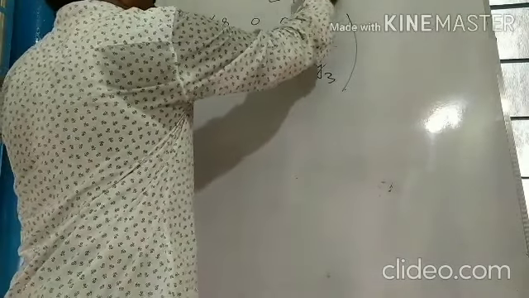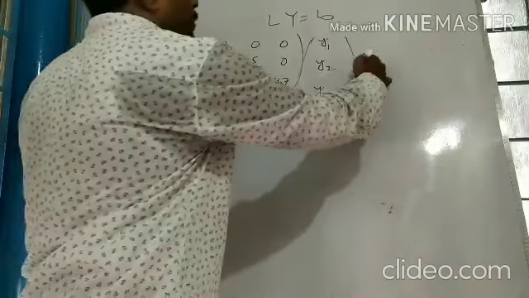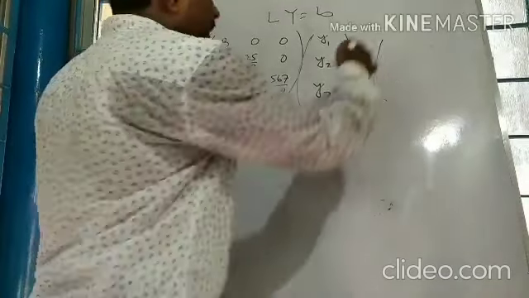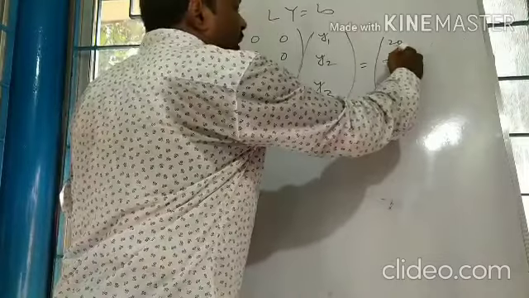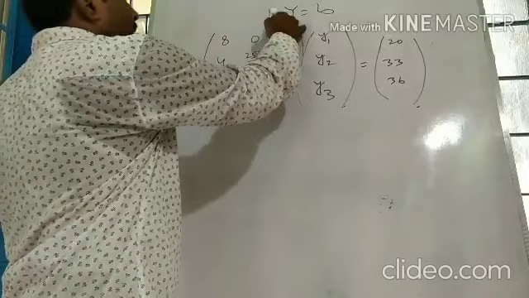We have to solve Ly equals b. What is b? b is 20, 33, 36. Just multiply.